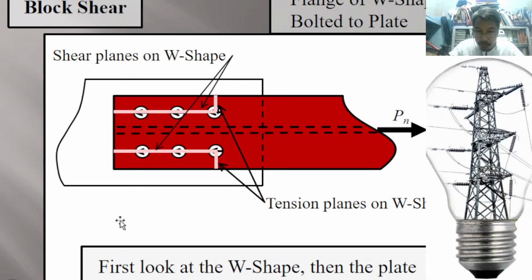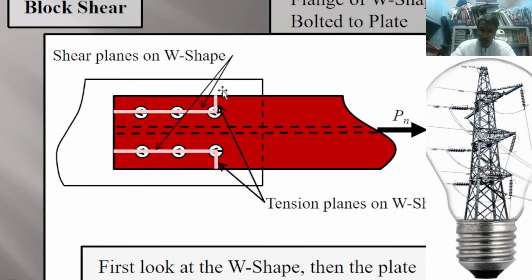If you can recall the angular block shear that we just explained, it could also happen when we are using a W-shaped section. It would fail in this manner: one block shear here and another block shear there.